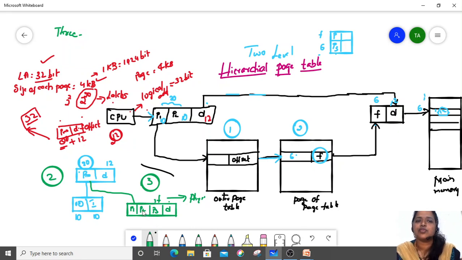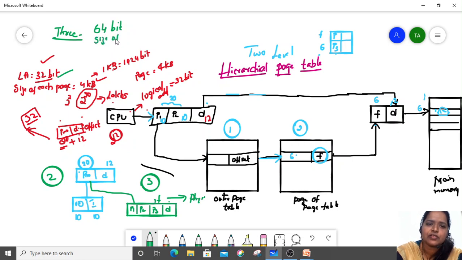When it comes to 3-level paging, suppose the CPU generates a logical address of 64-bit. Previously we saw that the CPU generates a logical address of 32-bit. Suppose in 3-level paging the CPU generates a logical address of 64-bit, and normally the size of a page is equal to 4 KB. Now how is it going to be divided here?